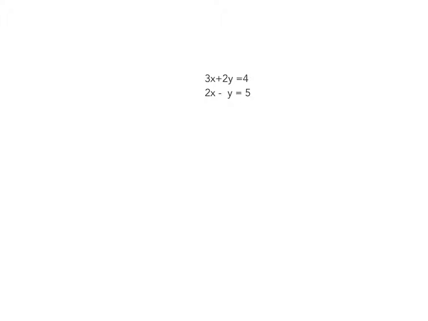So what do I want to make the bottom y? A 2. How do I multiply the whole equation to get it to be a 2? So put a 2 in front of it, parentheses around. Okay. 4x minus 2y equals 10.